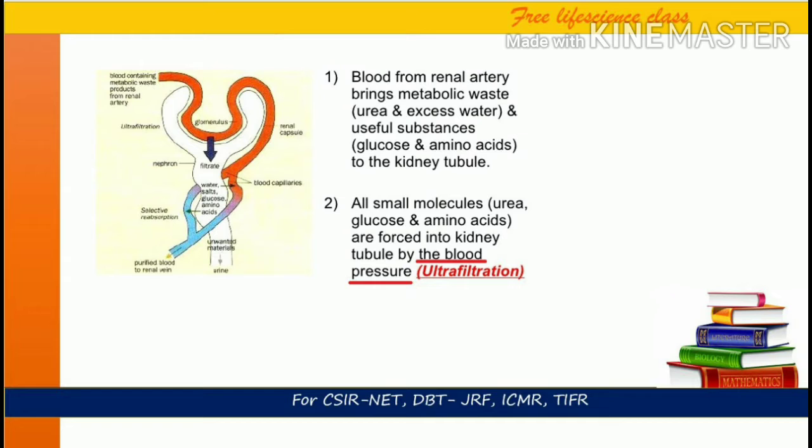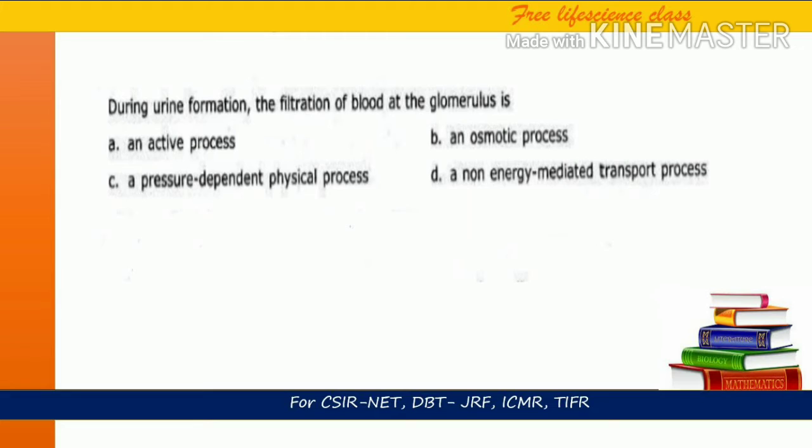So the blood pressure helps in the filtration. Okay, so the answer for this question is a pressure dependent physical process, not an active process, not an osmotic process, not a non-energy mediated transport process. It is mediated through pressure. So the answer for this question is option C, a pressure dependent physical process.